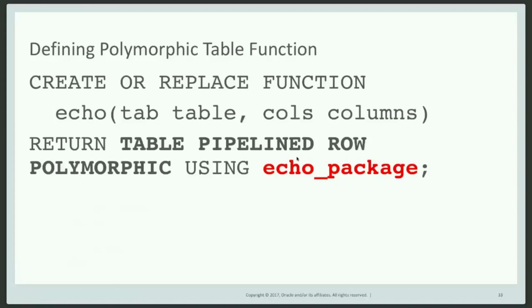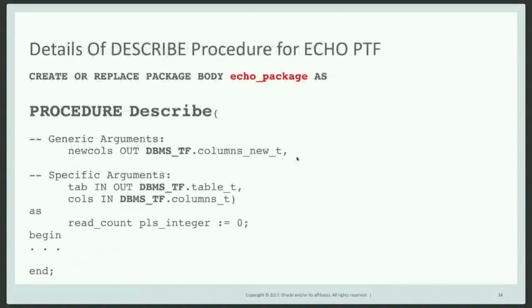So it's a row semantic PTF, and I've set that up. So I've got my new package, which is my new function, which is going to be called echo. I now need to create the describe function and the processing that's going to be associated with it.